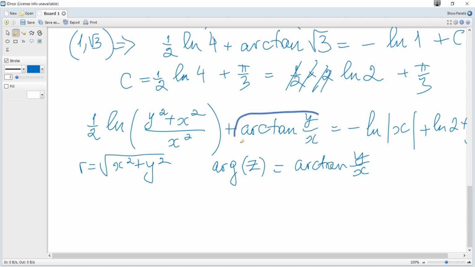So that's theta, the argument, and this is r squared, but we should get rid of x here and here.